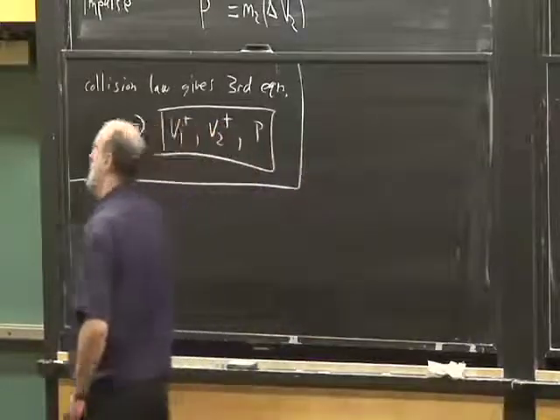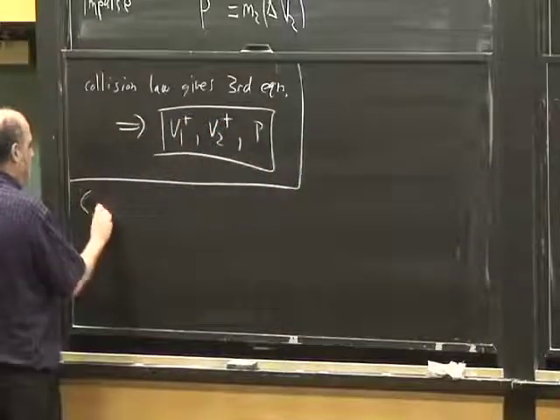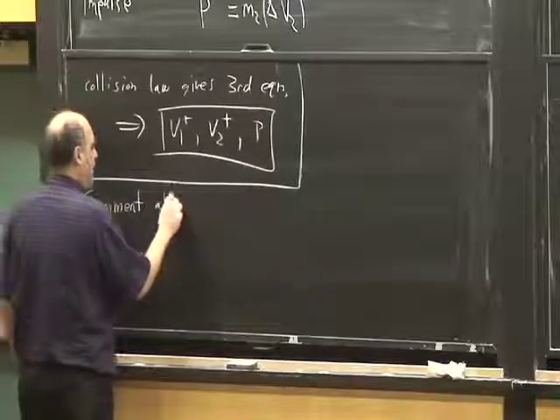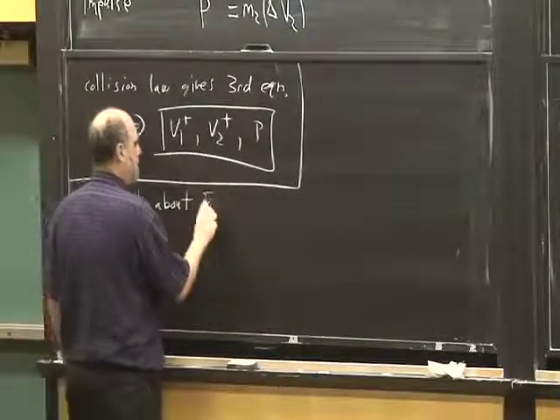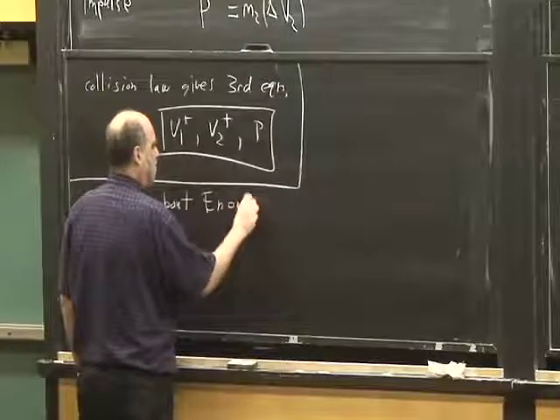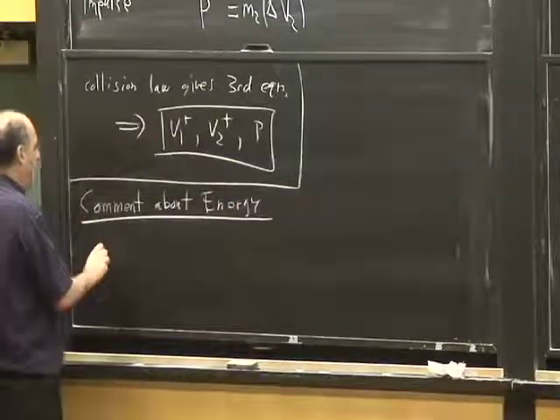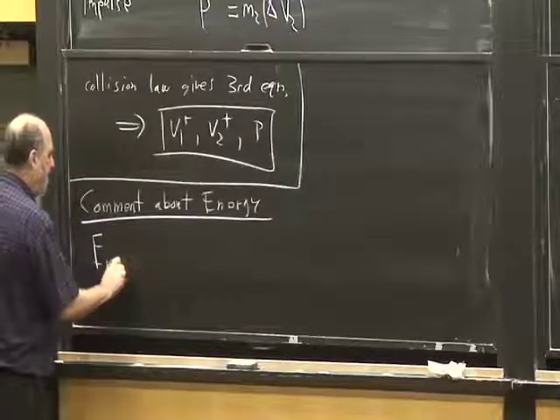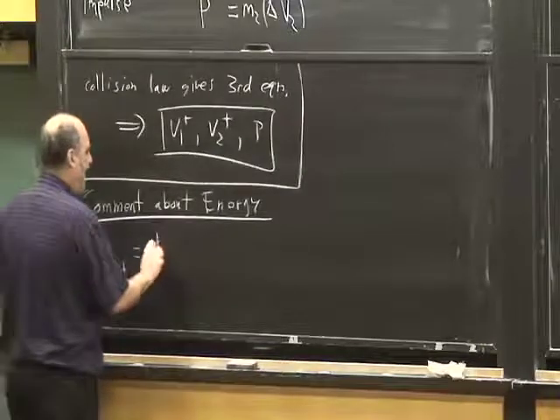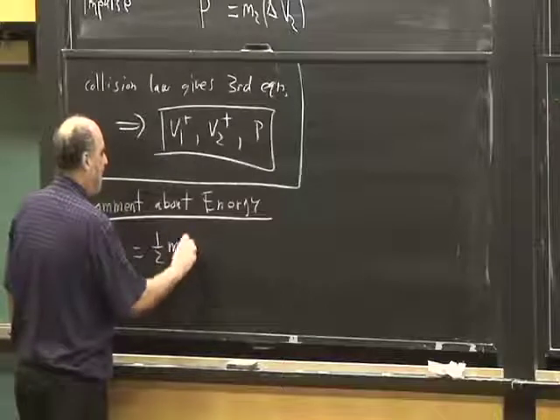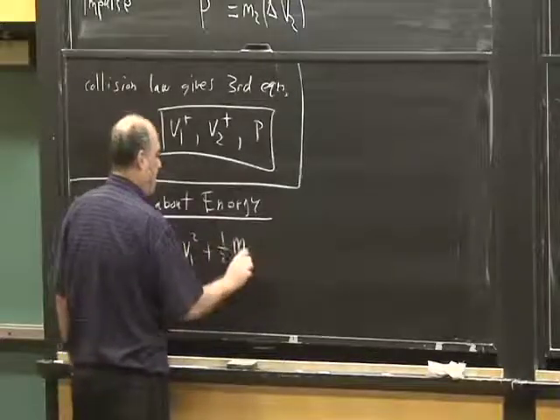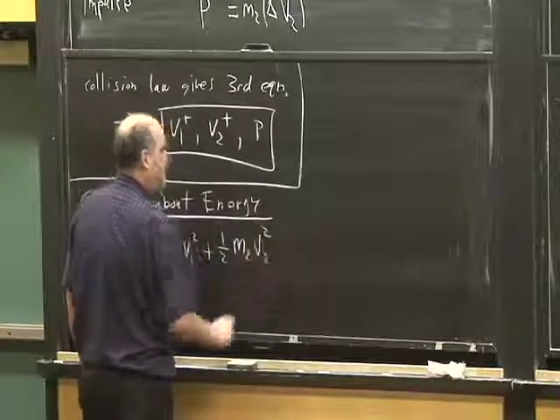Okay, so let me just make a quick comment about energy. So the system energy, the kinetic energy total of the system, is equal to 1/2 m1 v1 squared plus 1/2 m2 v2 squared.